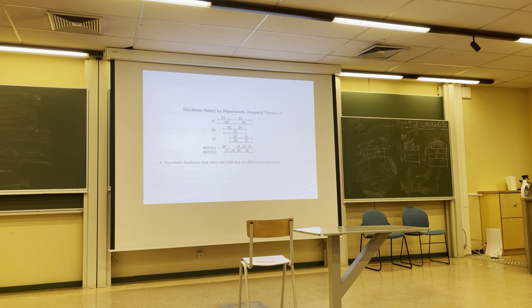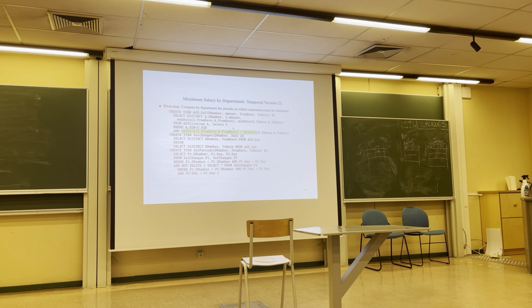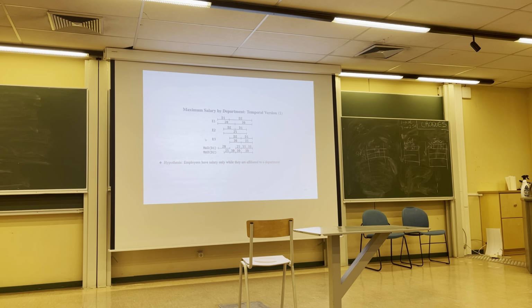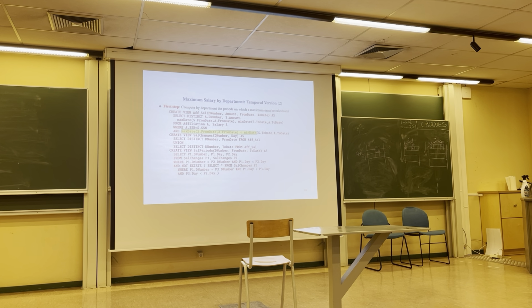Okay for that? Once you have that, then we do the split as before by day, but this time split depends on the department number. So you remember here we have one particular split for department 1, another split of the timeline for department 2. So these are the salary changes that now depend on department.